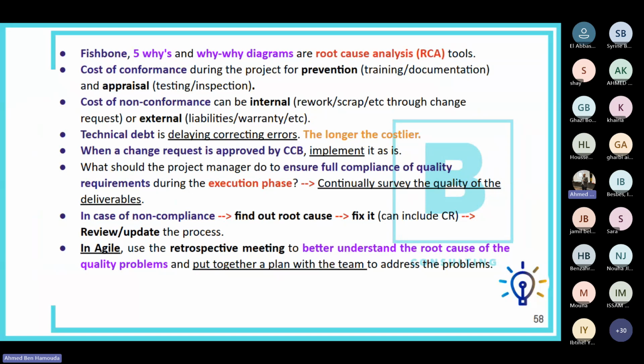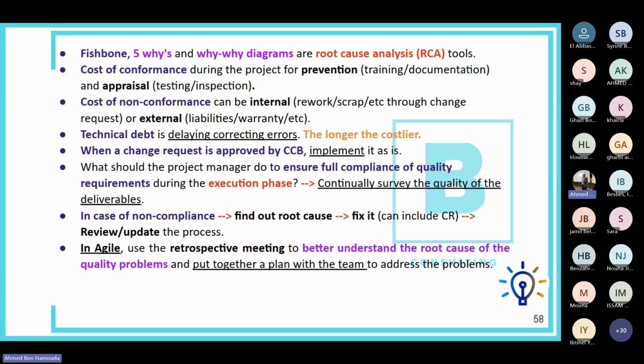Now, one of the mindset points of PMI in relation to quality management in the project is, in case we have issues, defects, errors, bugs related to quality, what can we do?